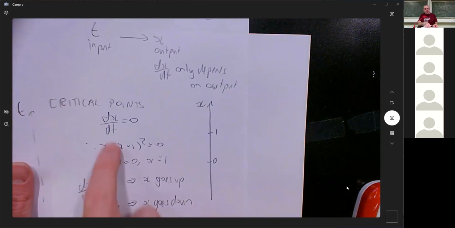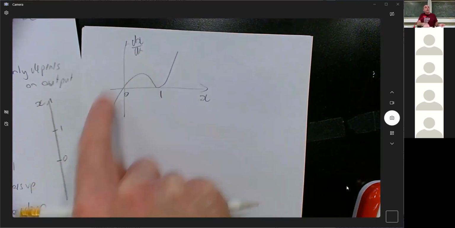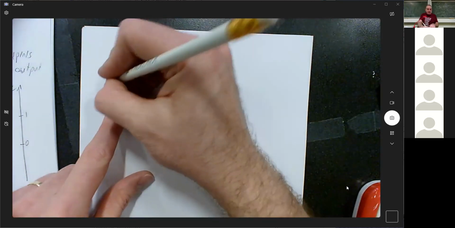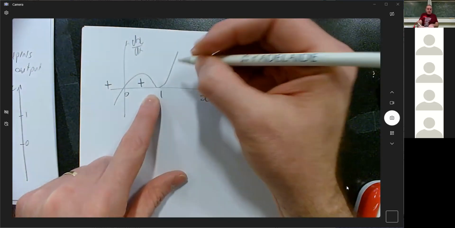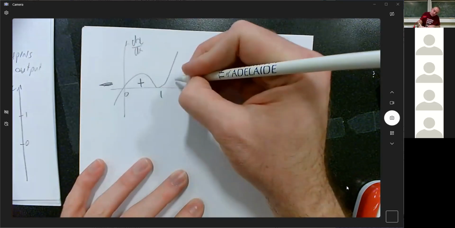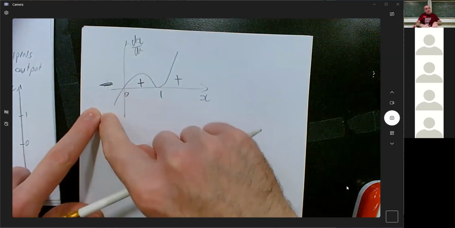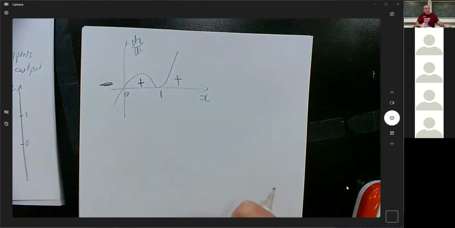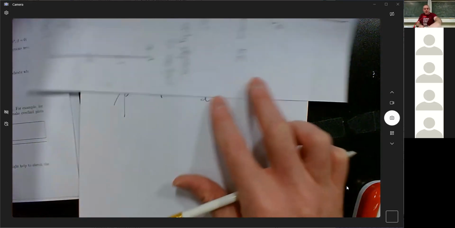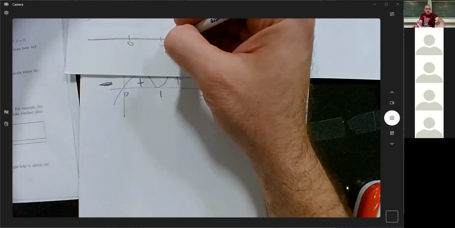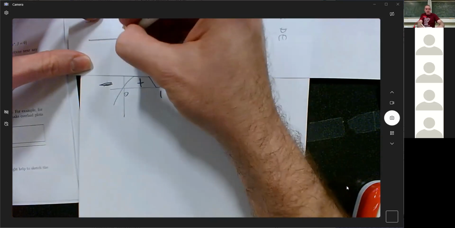And the fact that there's no squared there means it goes through. Okay, and so it's positive here and negative and positive here. Sorry, it's negative here. Damn you, David. It's negative here and positive here and positive here. Like it's below the axis here, which means it's negative. It's above the axis here, which means it's positive. Above the axis here, which means it's positive. So when I look at this, it's going this way and this way and this way.